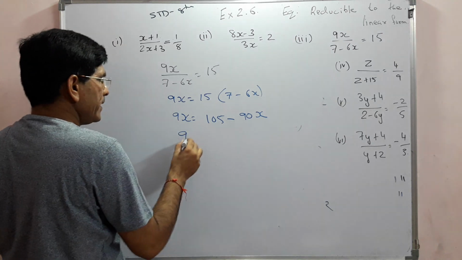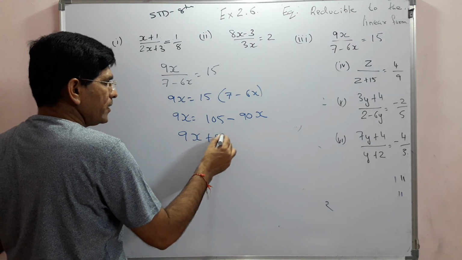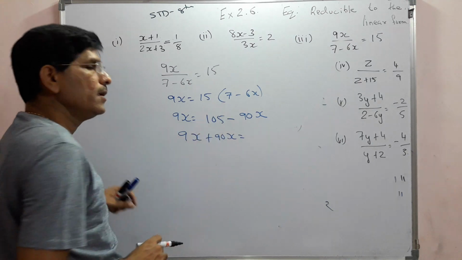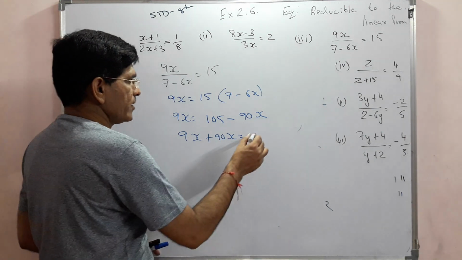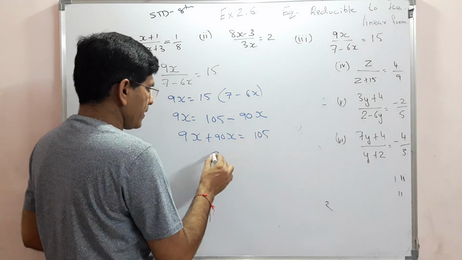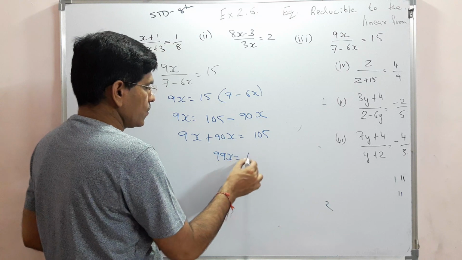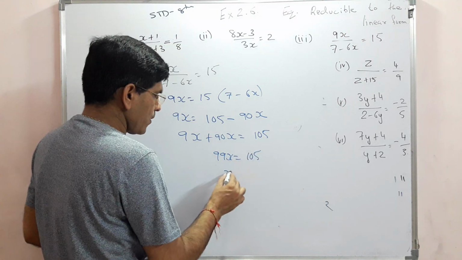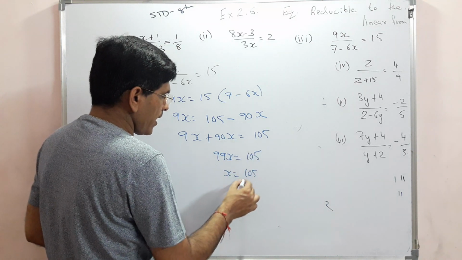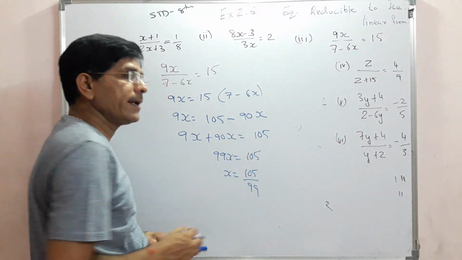Now what is my target? I have to collect all the variables on the left hand side. So 99x is equal to 105. So x is equal to 105 upon 99.